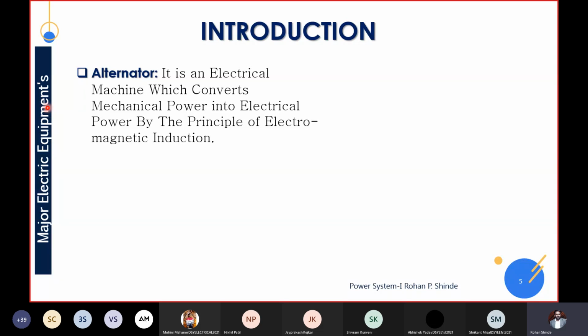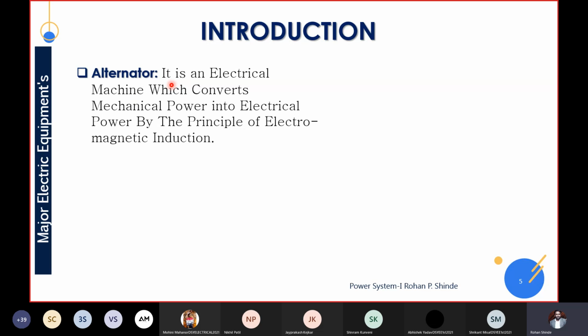Every power plant uses an alternator except wind generators. See here, windmill मध्ये induction generator यूज करतात, right?